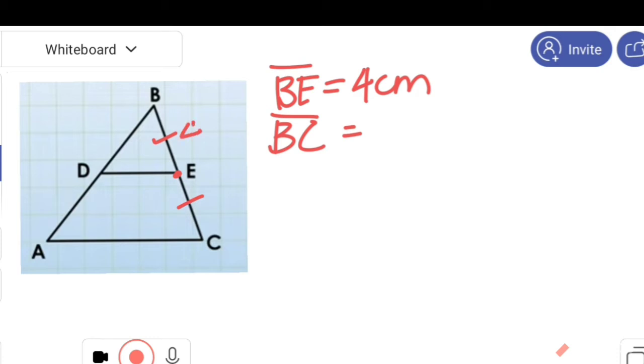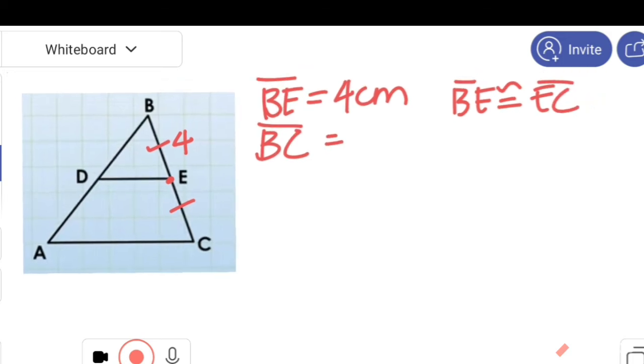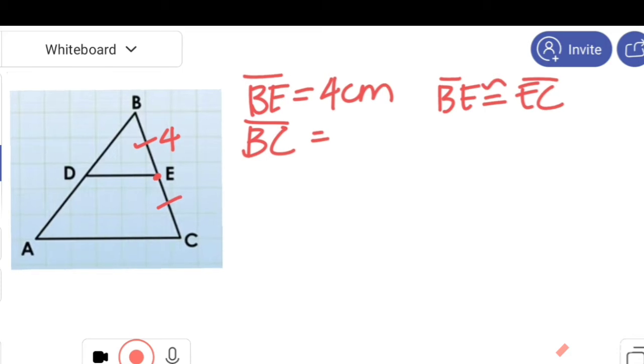This is 4. They are congruent. Remember, BE is congruent with EC. Okay, so the answer is correct, 8 centimeters, because this is also 4 centimeters.